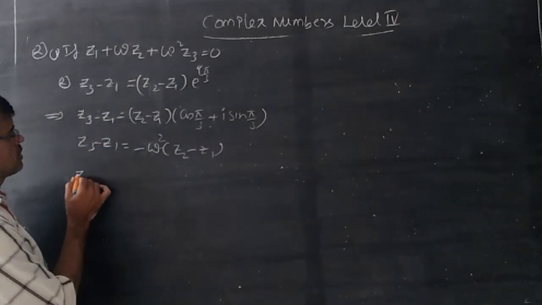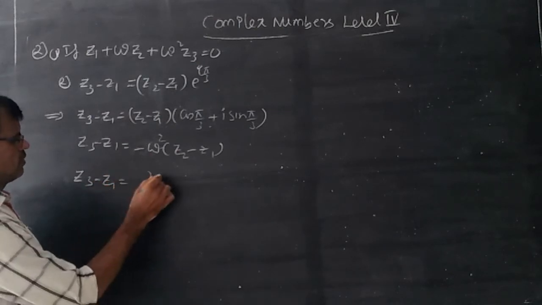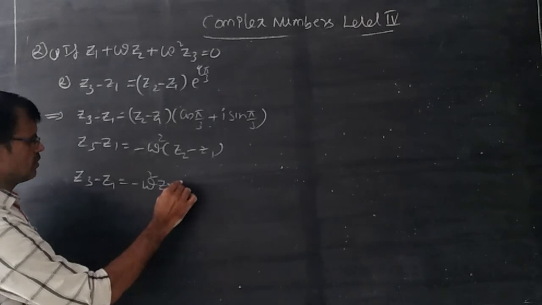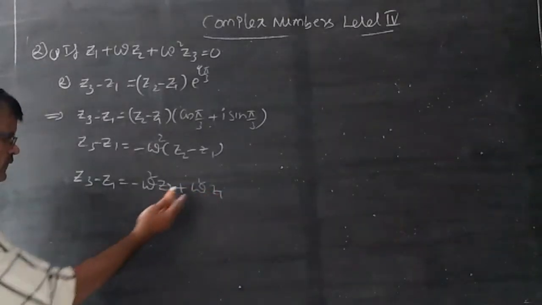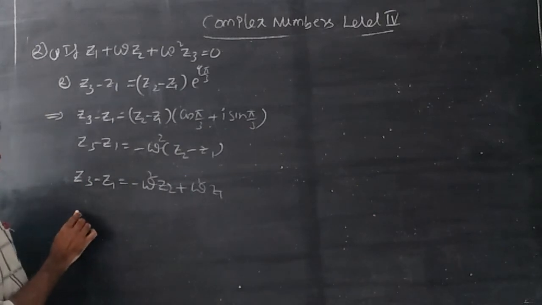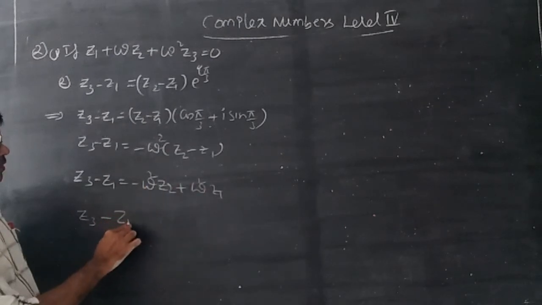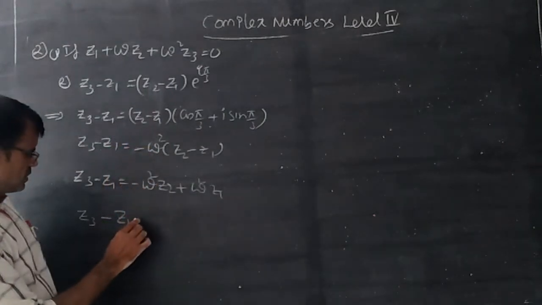Let us write here z3 minus z1 is equal to minus omega square z2 plus omega square z1. Take this side.